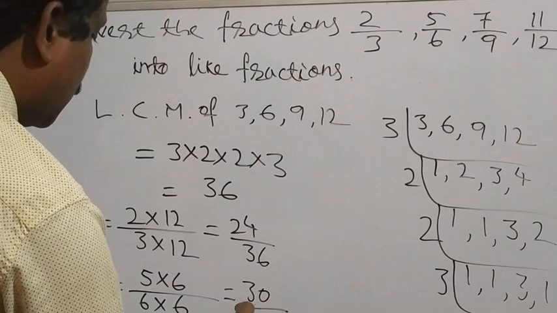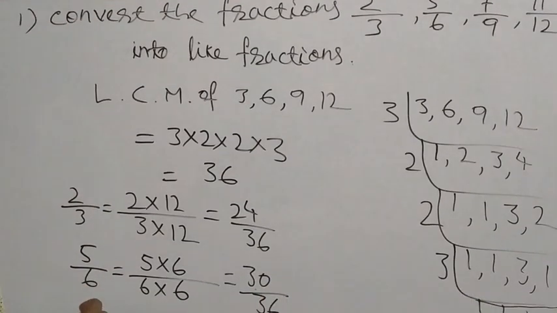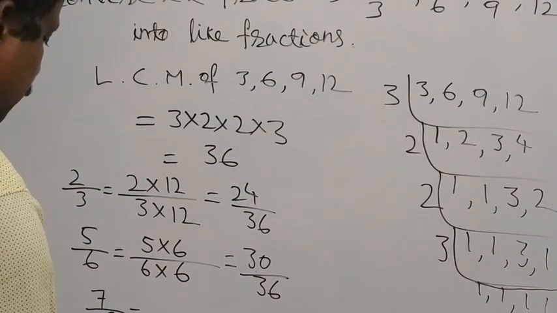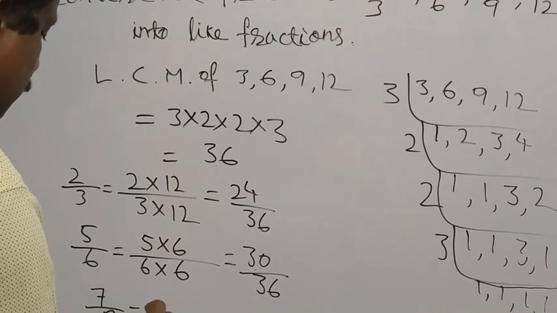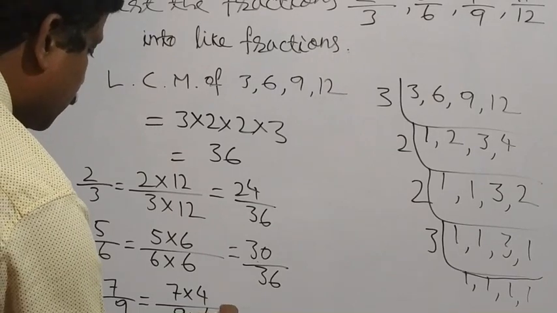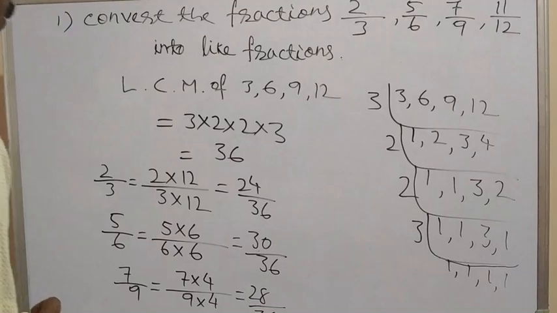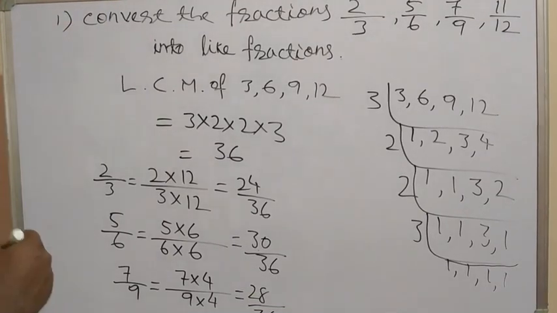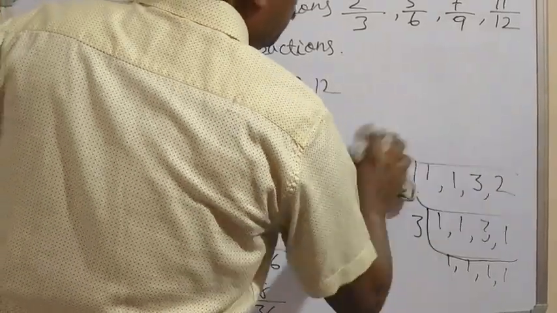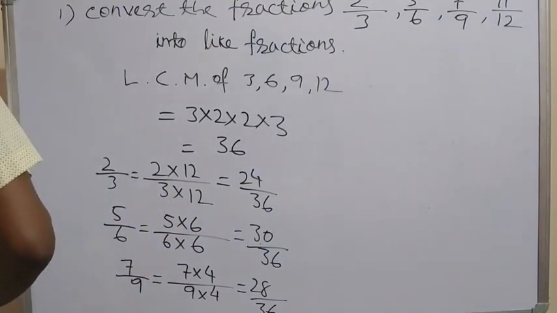30 by 36. The next number is 7 by 9. What do we multiply 9 by to get 36? 4. So 7 into 4, we will get 28 by 36. Then the fourth fraction, 11 by 12.